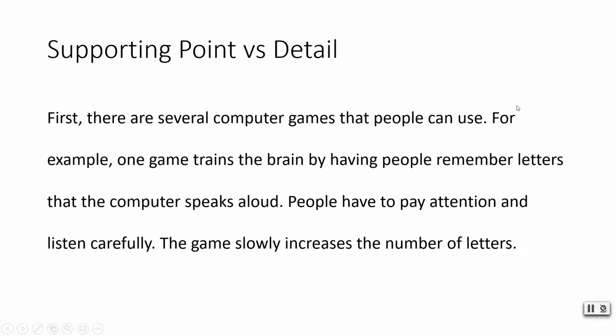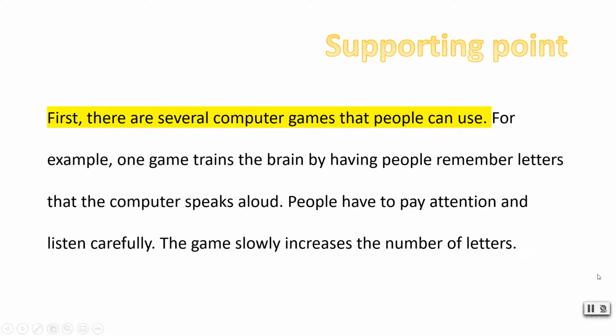So let's look here. What is the supporting point and what is the detail? Okay, so I already took off the topic sentence and the concluding sentence. All of this is only the supporting sentences. Which ones are the supporting points and which ones are the details? Alright, this is the supporting point.